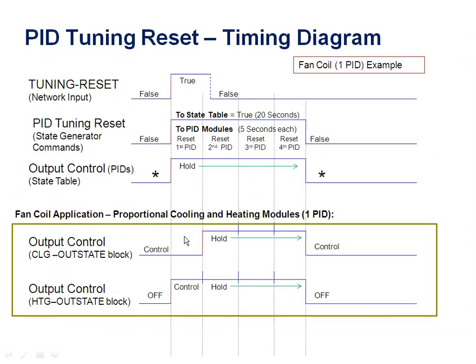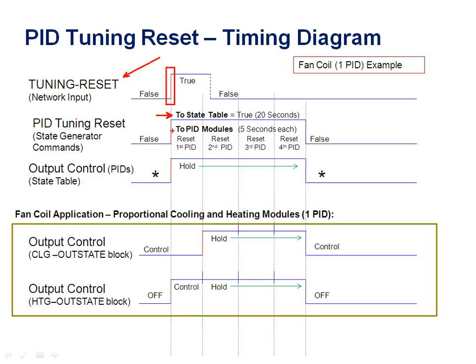Here's a timing diagram that shows the sequence of events. This is the network input point called tuning reset. When that goes true at this time period right here, that's when the state generator, known as PID tuning reset, will actually go through its sequence of sending out the 2 outputs. One of the outputs goes to the state table, and it is going to remain true for 20 seconds.